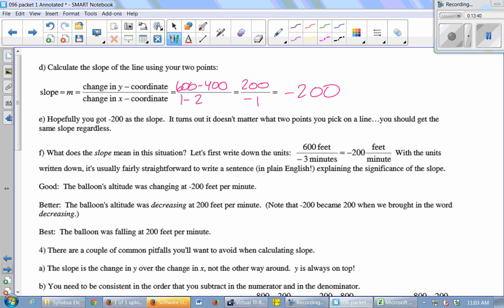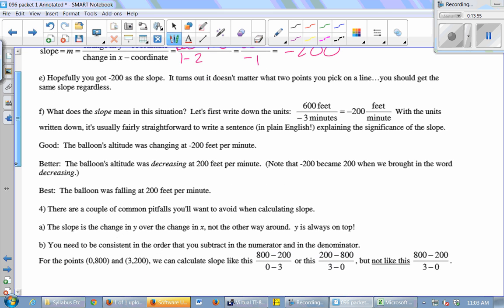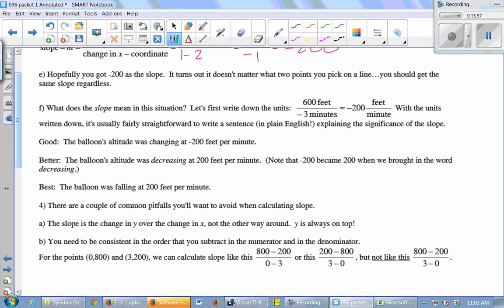Okay. So once we've written down the units, it's fairly straightforward to write a sentence in plain English that explains the significance of the slope. So this is a balloon descending. That's why the slope is negative, because it's coming down. Here's a good sentence: the balloon's altitude was changing by negative 200 feet per minute.